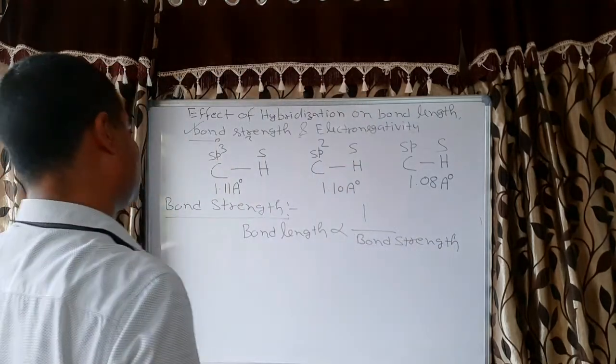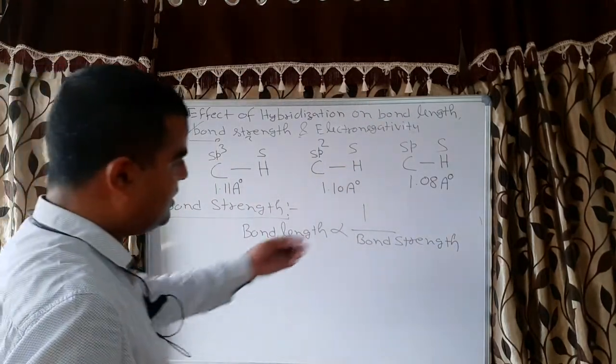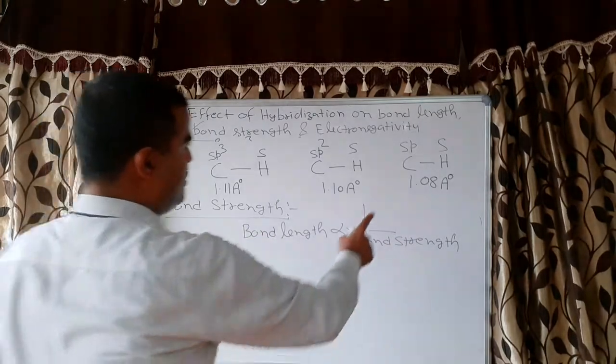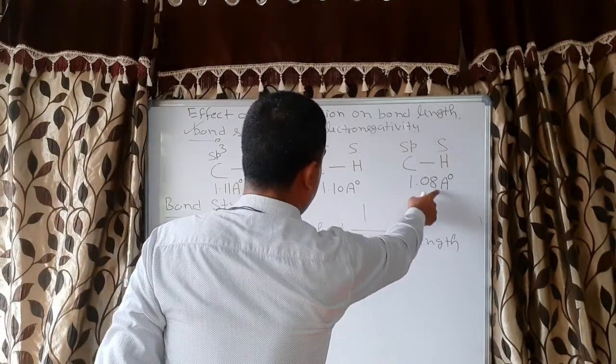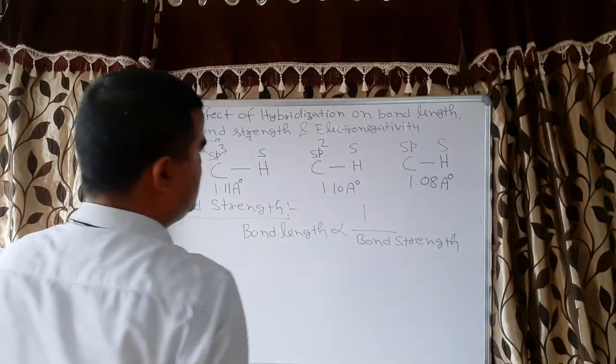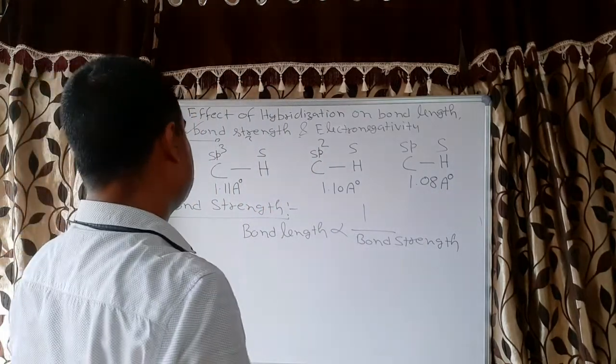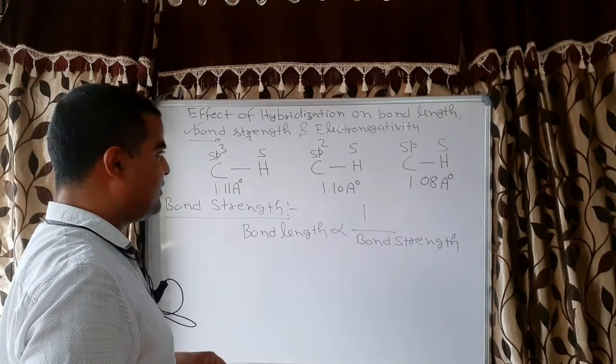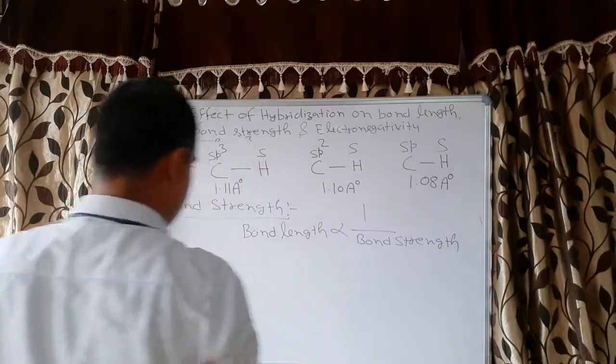Now we will calculate the bond strength according to the bond length. So this is 1.08 angstrom, which is smallest among the carbon-carbon bond lengths and carbon-hydrogen bond lengths, correct?